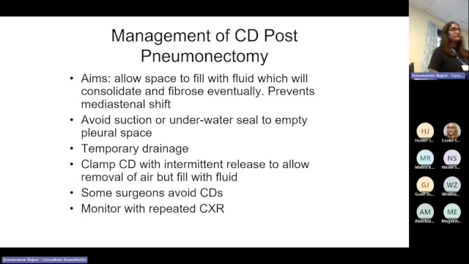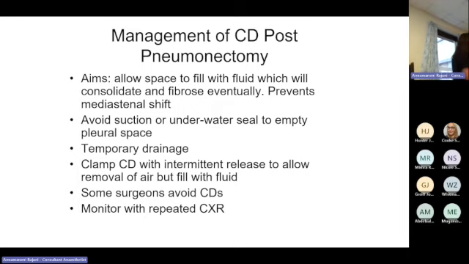So the other thing that we have a little bit of an OCD about in thoracics is, how do you manage the chest drain post pneumonectomy? The reason we are fairly careful about how we manage that is because what you're trying to achieve in pneumonectomy is that you don't want the remaining lung to herniate or the mediastinal contents to come across into the empty space.